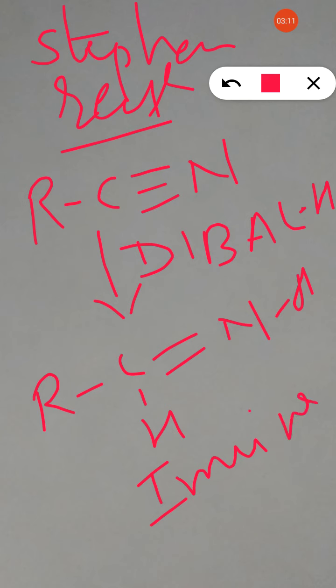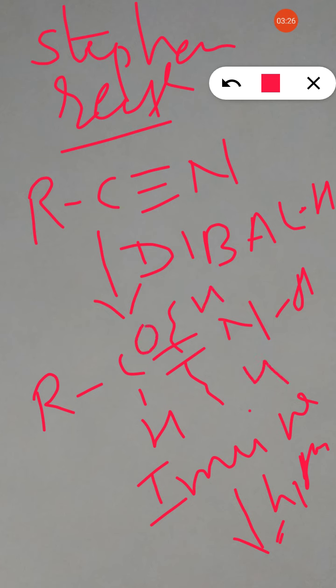This imine on hydrolysis, what happens? There is a bond cleavage, through here with H2O. So there is a formation of aldehyde, that is RCHO. This is Stephen reaction. In Stephen reaction, nitrile, that is alkyl cyanide, reacts with DIBAL-H, undergoes reduction to form imine, which on hydrolysis forms aldehyde, that is RCHO, right?